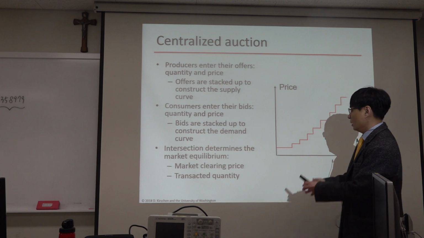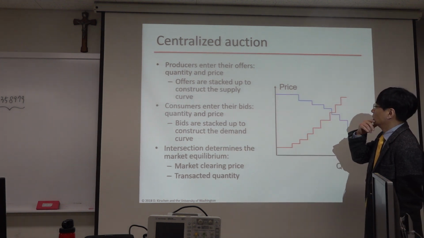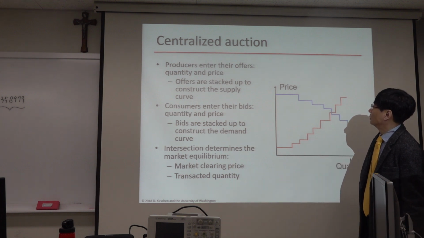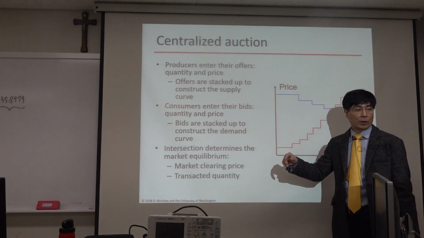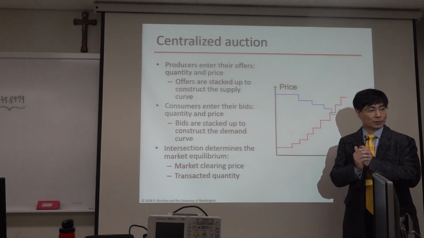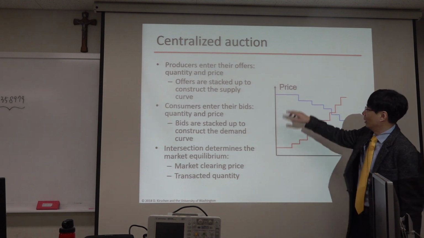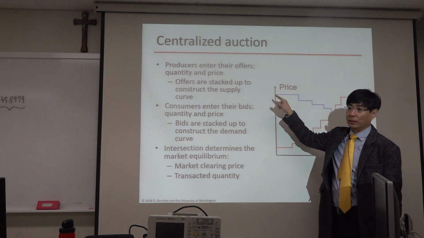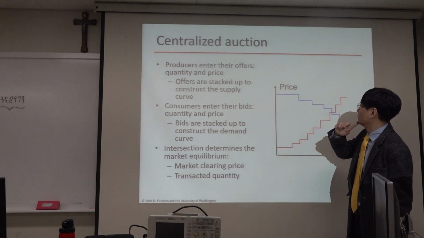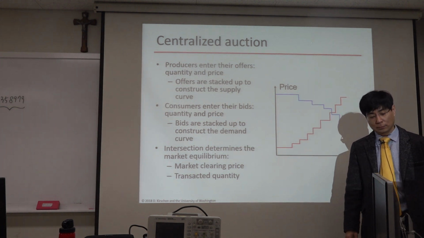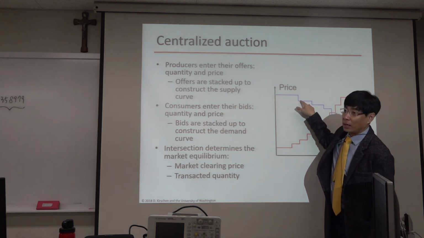Okay. Similarly, for the consumer case, Gyeongyong wants to buy this much at this price, and Yeji wants to buy, yeah, Yeji, this is $10, suppose that this is $9.